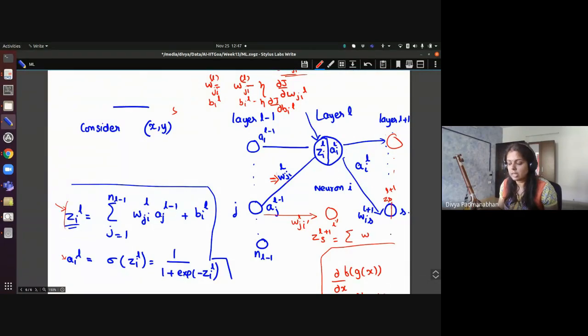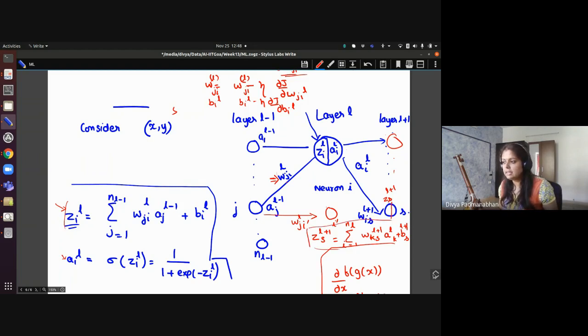So you're going to have W, and now i is the variable, so maybe let me call it k. Or let me keep it as i itself so you will see it a bit better, where i is 1 to n_l, since there are n_l neurons here. So W_ks^(l+1) times a_k^l plus the b_s^(l+1). This is how you would have computed z_s^(l+1).